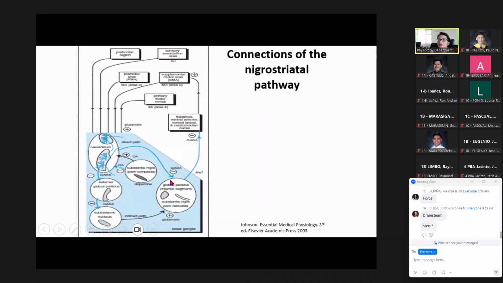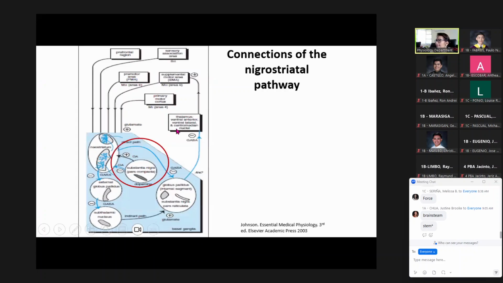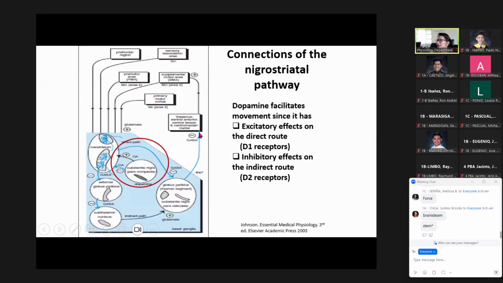What about the nigrostriatal pathway? So aside from the direct and the indirect pathway, we have the nigrostriatal pathway. The substantia nigra pars compacta will be producing dopamine. Nigra, so it's dark. Kaya nigra, substantia nigra. So you have this nigrostriatal pathway.